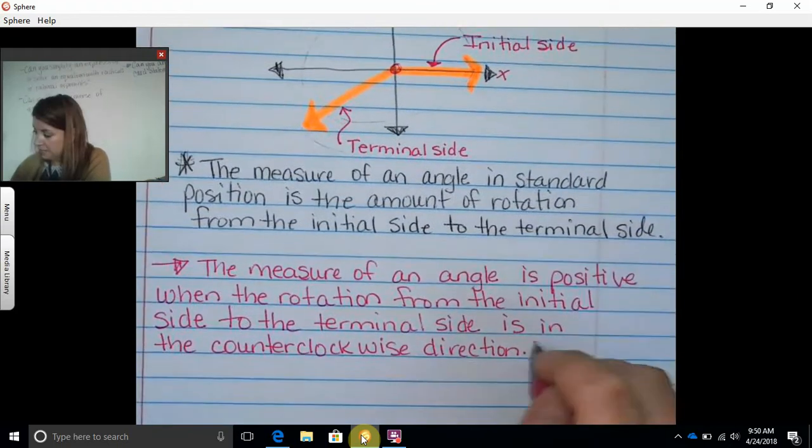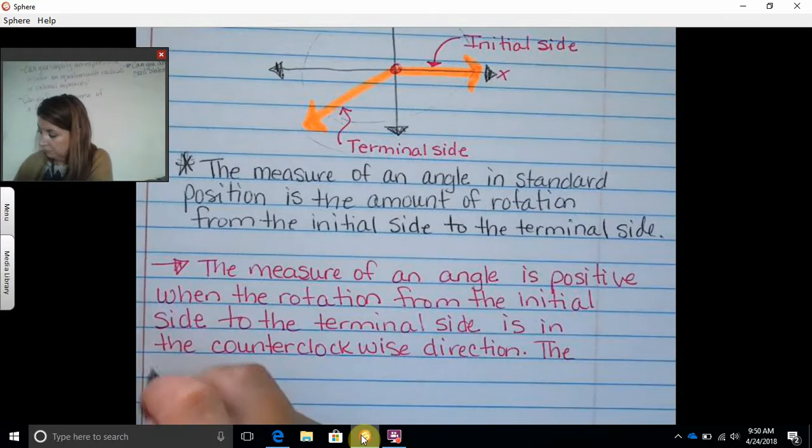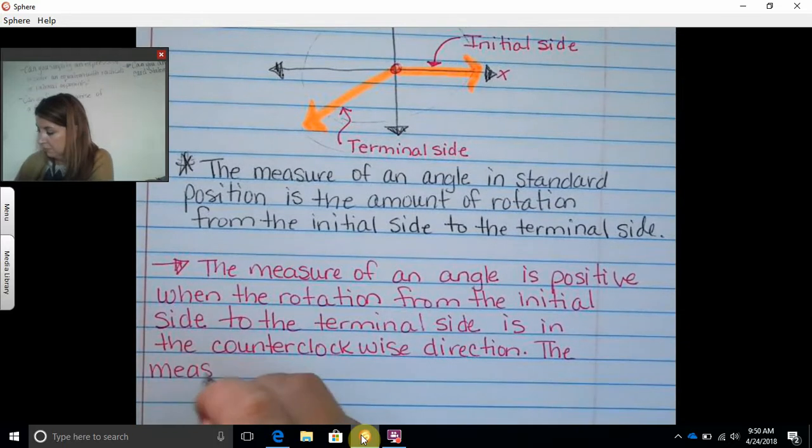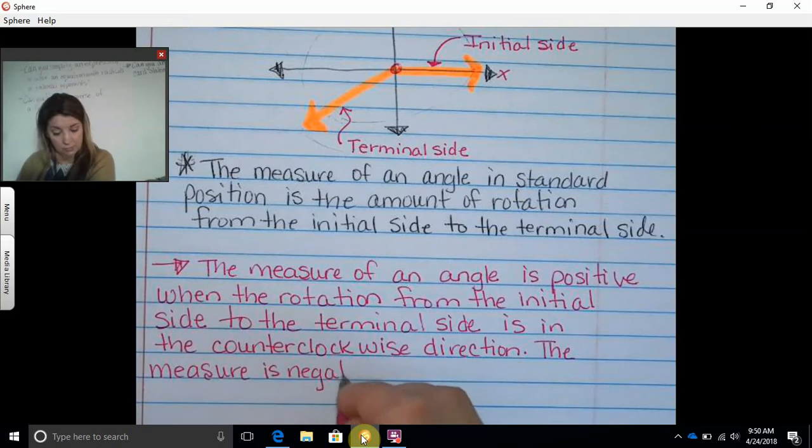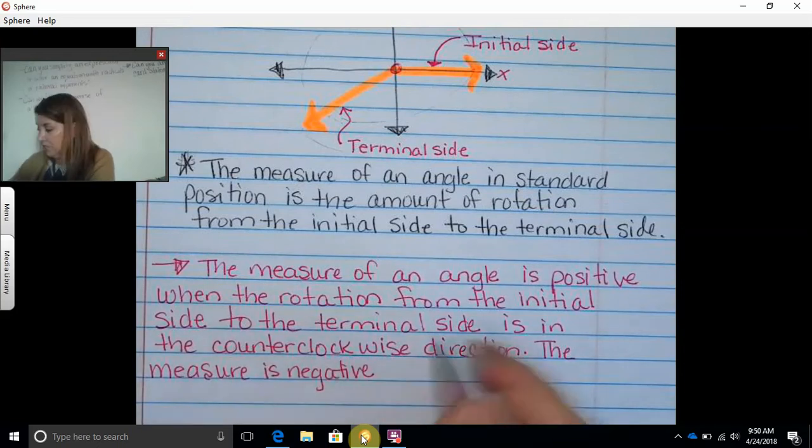The measure is negative when the rotation is clockwise.